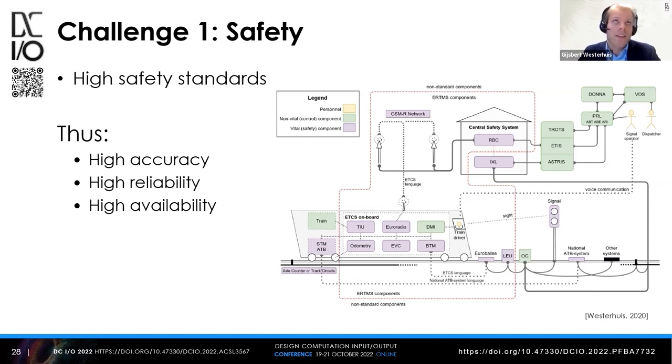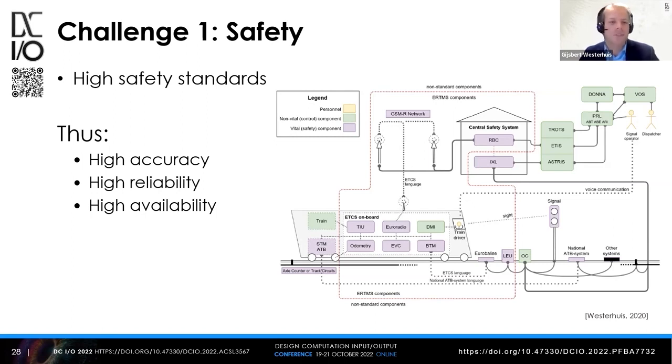So, and then the tracking of trains, the position of trains, there is somewhat of an abstract sense of how to do that. But it also requires a very high safety standard.